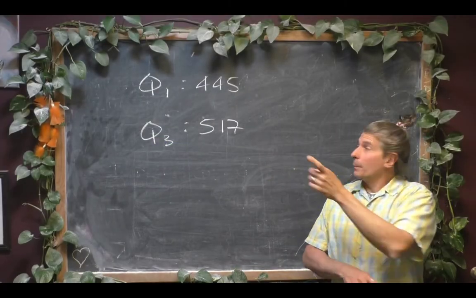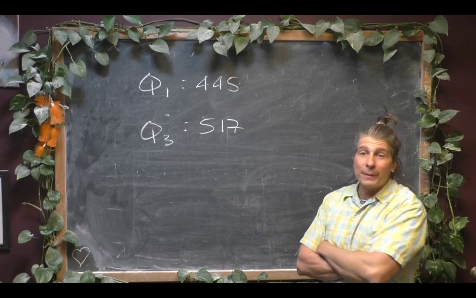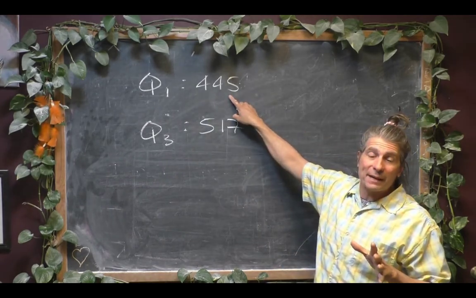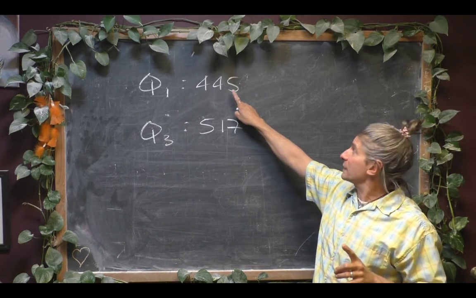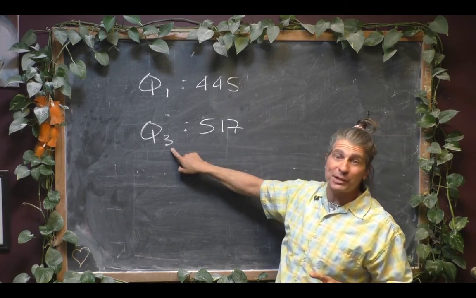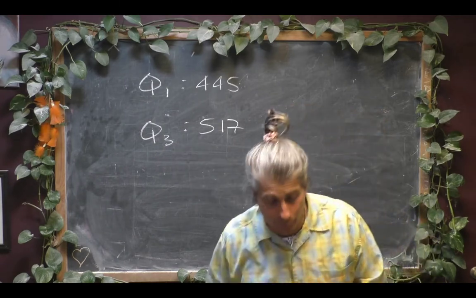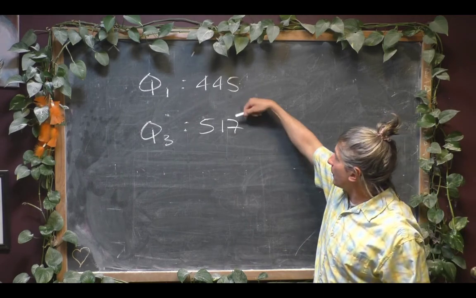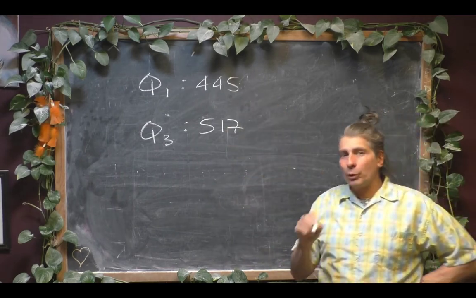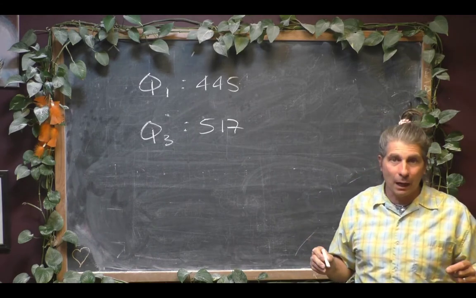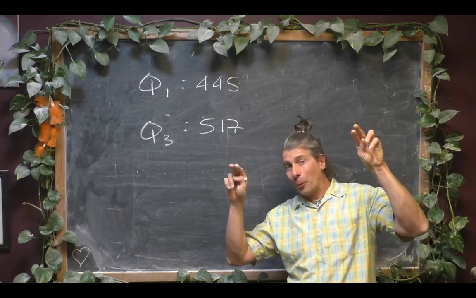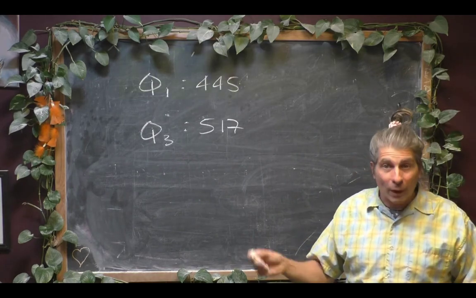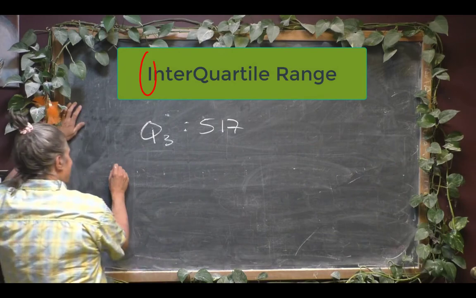Okay, my friends, so I brought Q1 and Q3 in from the Excel calculator. So Q1 is 445. That means 25% of the countries have scores less than 445 points, and 25% have scores more than 517 points. So the middle 50% of the scores on these tests are between these two. Now, this next method of data points that are too far away from typical relies historically on this thing called the interquartile range, which is shorthanded by IQR.